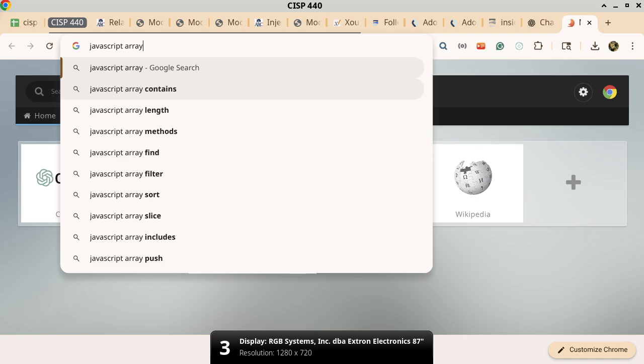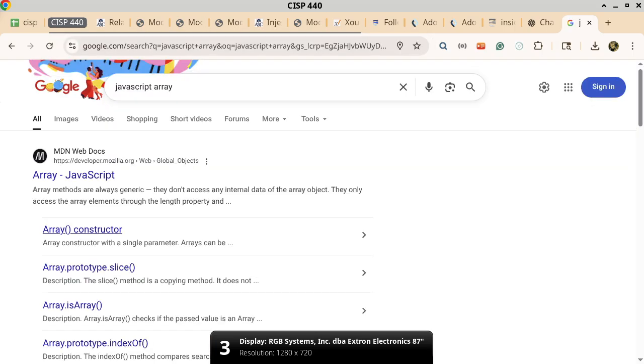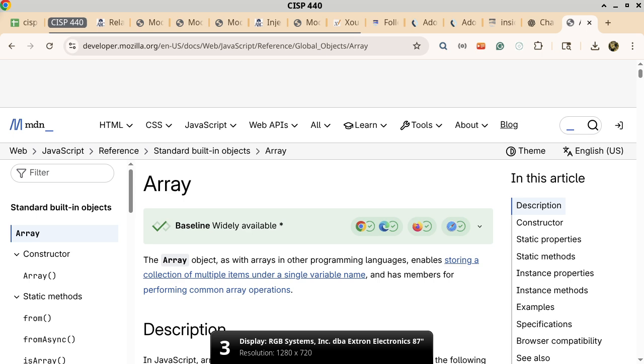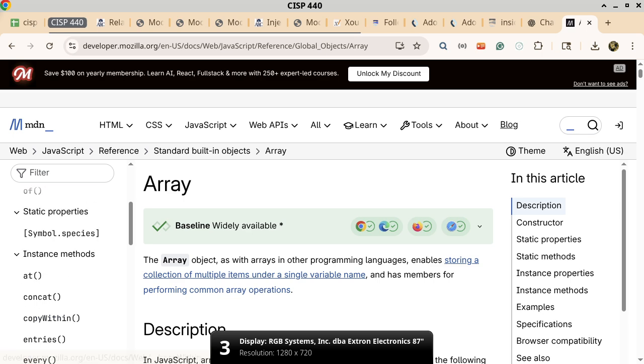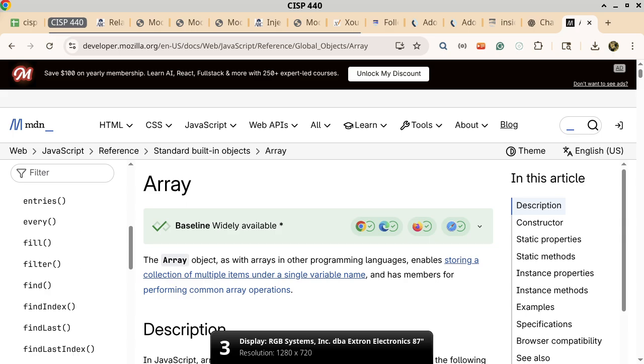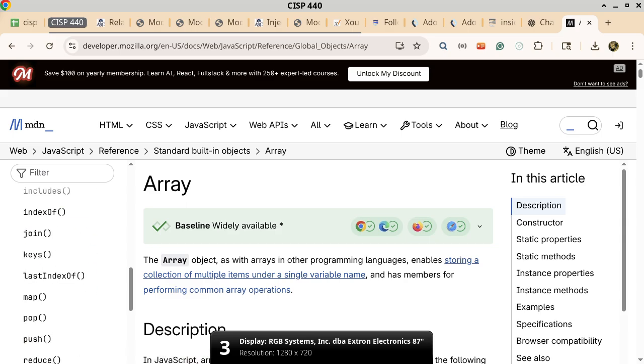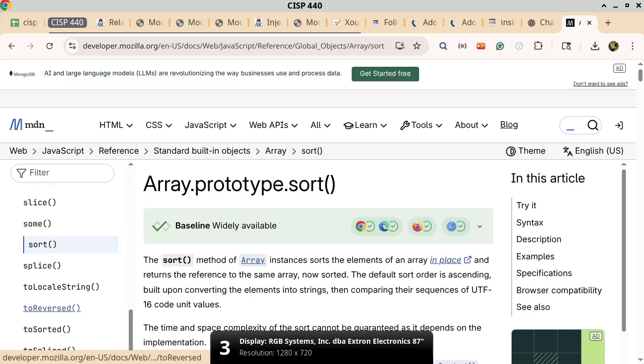Okay, so we can take a look at JavaScript. When you look at the array type of JavaScript, you can see that it has sort already as a method. So every array has a sort method. But the thing about the sort method here is you still have to supply it with something.